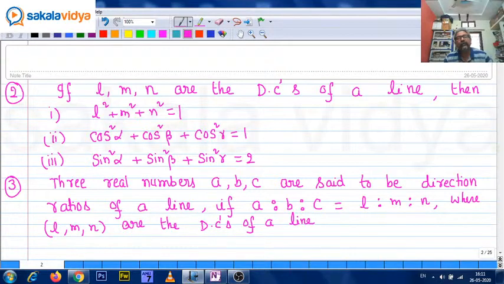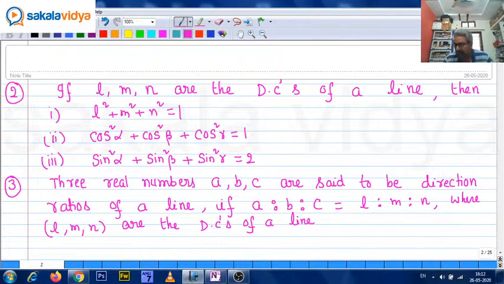For example, direction cosines are actually unique, whereas direction ratios may not be unique. For example, if A comma B comma C are the direction ratios of a line, then 2A, 2B, 2C are also direction ratios of the same line, even 3A, 3B, 3C also.